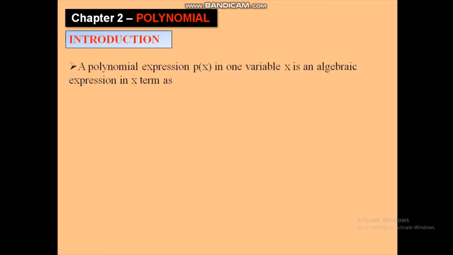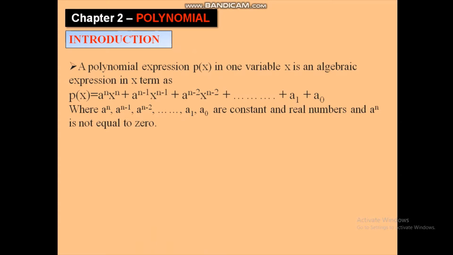A polynomial is an expression p(x) in one variable x, which is termed as p(x) = a_n x^n + a_(n-1) x^(n-1) + a_(n-2) x^(n-2) + and so on up to a_0.